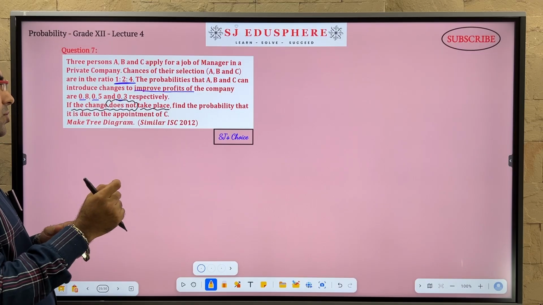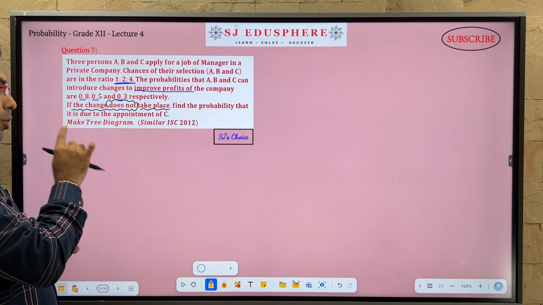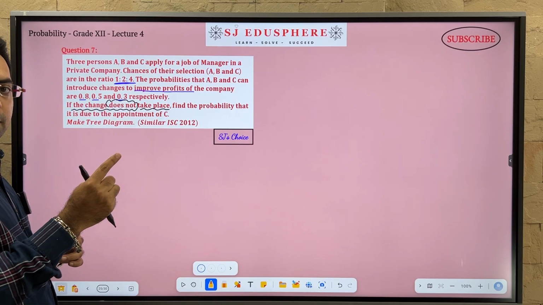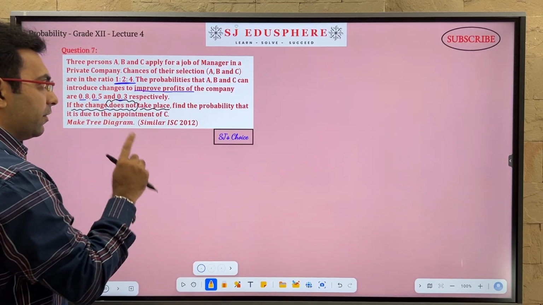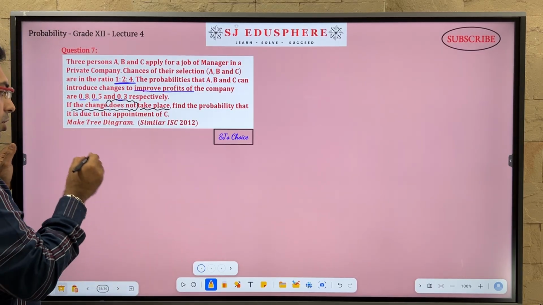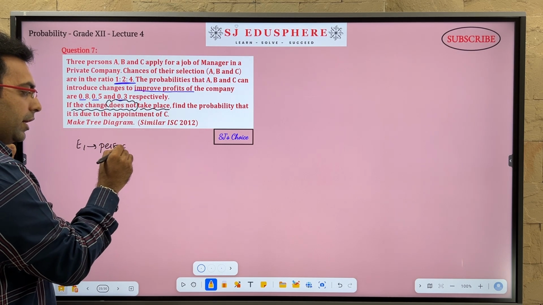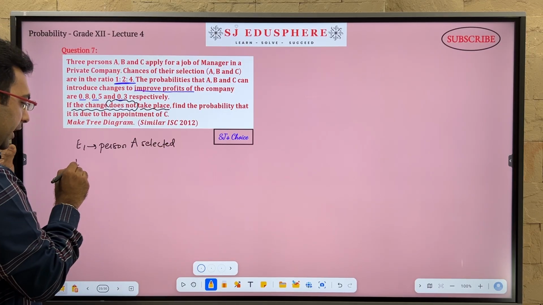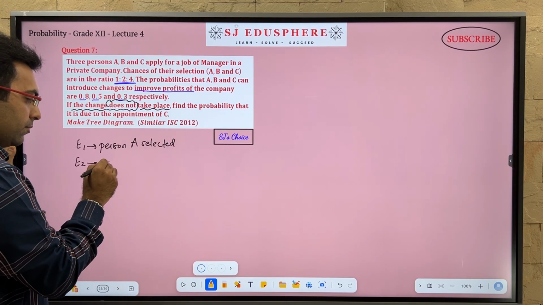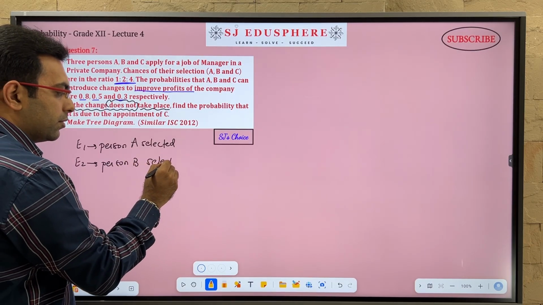That is the catch. If change does not take place, it is due to appointment of C. So please look over here very carefully. First, you have to select the person. So E1 is person A is selected. E2 is person B is selected.